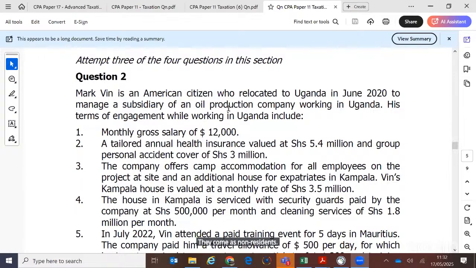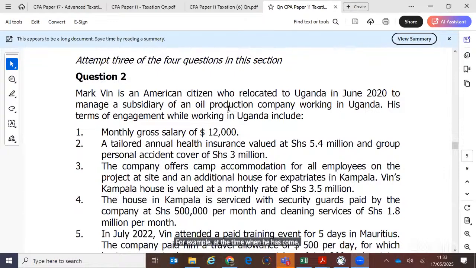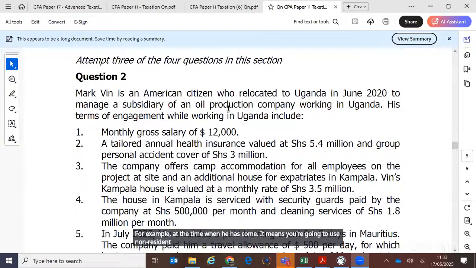It is only when they have been here for a minimum of 6 months that they become residents. So if someone has come as an expatriate and you're calculating tax for 1 month, for example, the time when he has come, it means you're going to use non-resident rates. You saw the rates that we saw in the tax computation. Because at that point, it's still a non-resident.